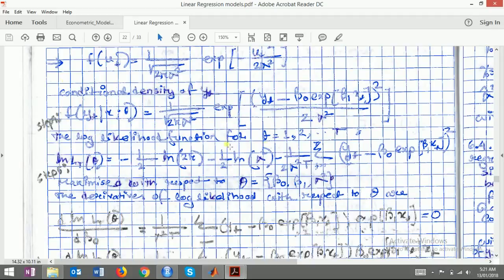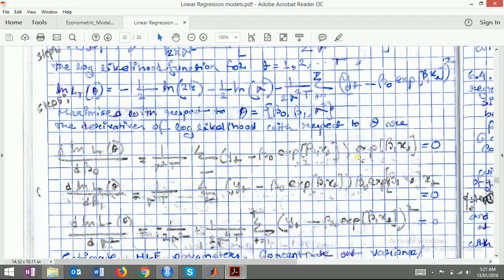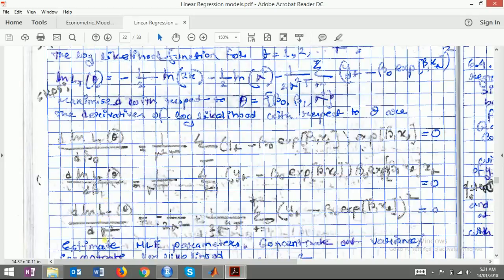The log likelihood for t equals 1 to T becomes simply the log likelihood function of this equation. That's all. Log 2 pi, log sigma square, 1 by 2 sigma square t, and this one very simple. Maximizing with respect to theta, and theta has beta naught, beta 1 and sigma square. We have the derivative with respect to beta naught, beta 1, and sigma square. So 1 by sigma square, everything remains the same here. Sum of yt minus beta naught exponential of beta 1 xt, multiplied to exponential of beta 1 xt.